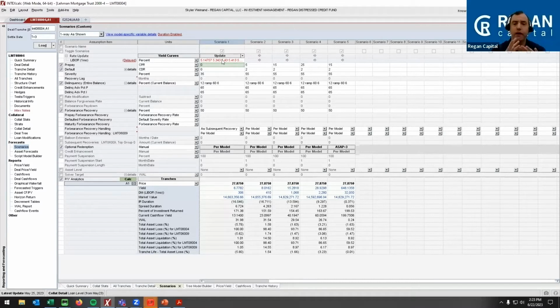If nobody ever prepays again, 0 CPR, 0 defaults, this is almost a 7% yield. This bond has a duration of -16, meaning if rates go up 1%, the value of this bond goes up 16%. At where it's paying right now, 5 CPR, to the forward curve, it's an 8% yield.